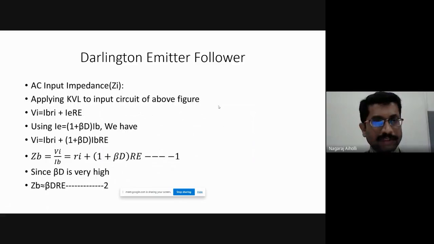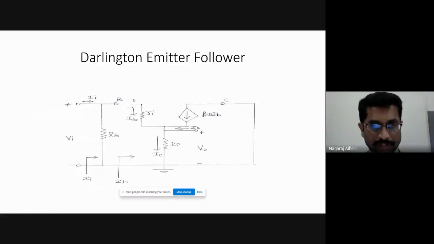After seeing the AC equivalent circuit, let us derive the various performance parameters of the Darlington emitter follower circuit. The first one is the AC input impedance Zi. Let us apply KVL to the input portion of the circuit.